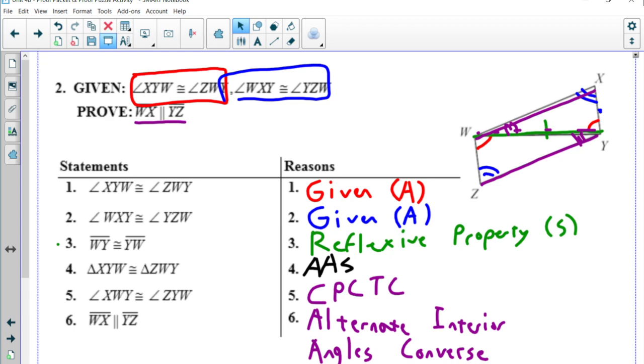And notice I'm using the converse this time, unlike last time where we were given they were parallel and then we talked about the angles. This time we got our angles and then used that to say, now I know that they're parallel. Okay.